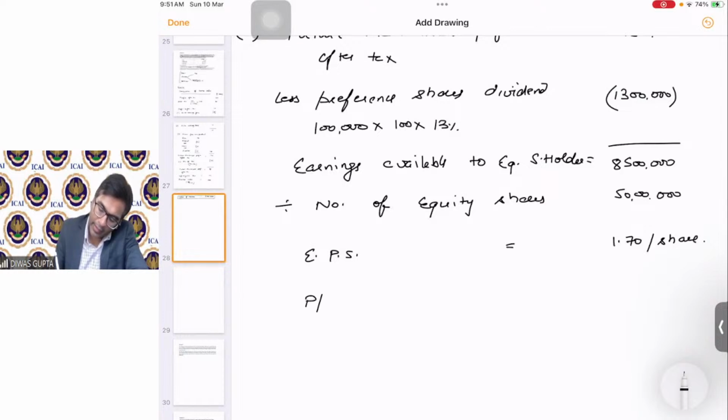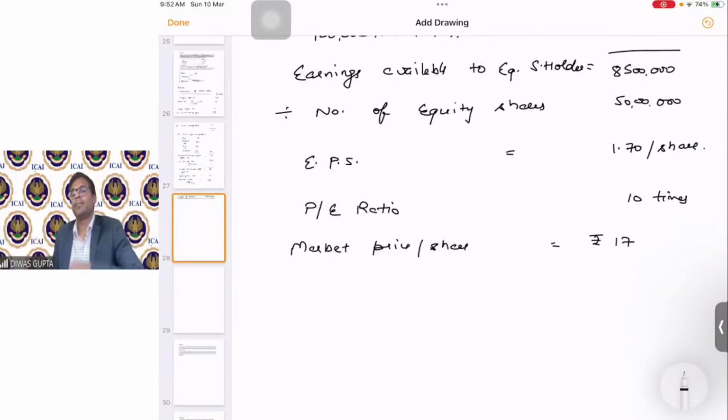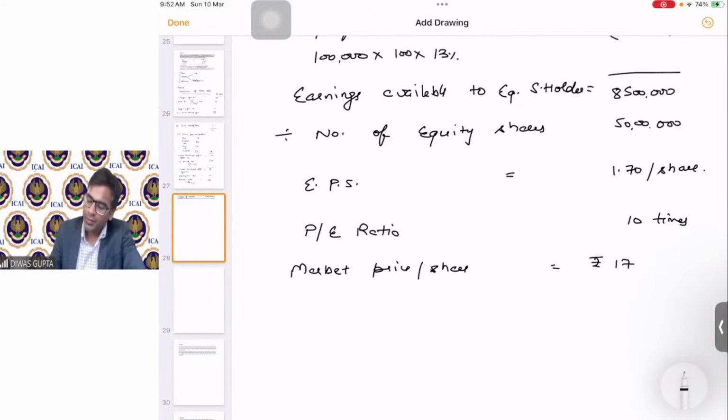And clearly in the question, we have been given PE ratio, right? So the PE ratio is how much? 10 times. And hence the market price per share becomes 17 rupees. Understood?